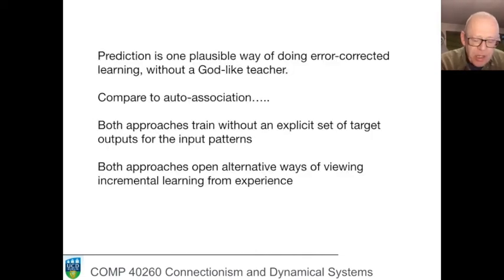The prediction task is interesting. It's one way of thinking about error-corrected learning without having a godlike teacher, as we have in backpropagation. In backpropagation, we have inputs, and we decide, long before we ever build a network, what those inputs should generate at the outputs. That's biologically entirely implausible. It has nothing to do with biology.